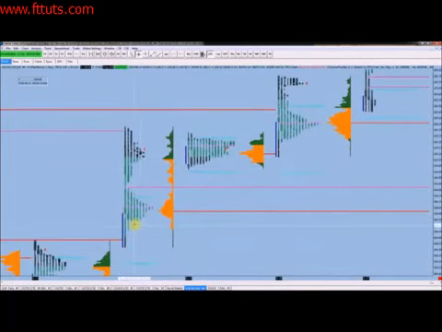Just a few days before that, where we'd had what we thought was going to be a P-shaped profile, and then of course the market broke higher and we ended up with a double distribution day.